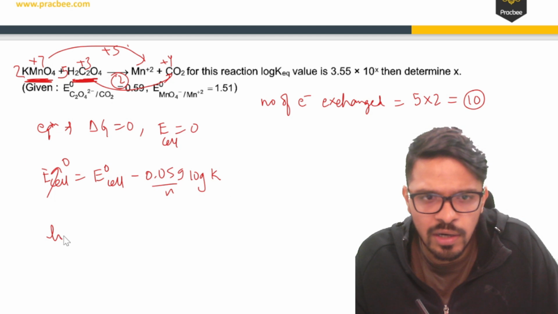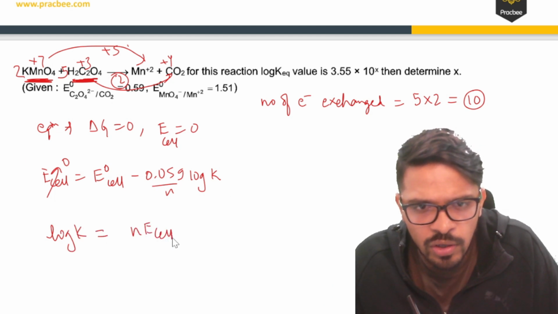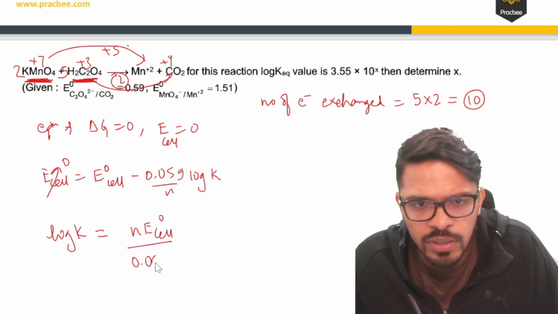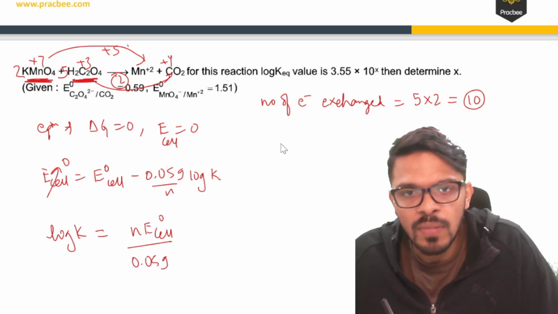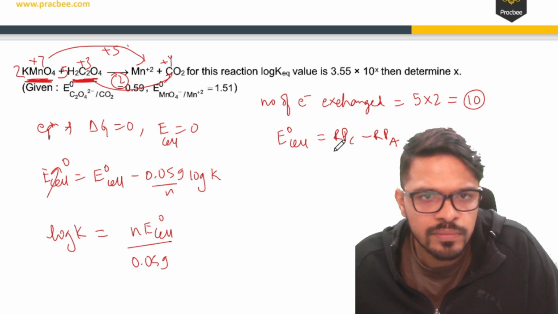We have to calculate log K, and log K from here would be n into E naught of cell divided by 0.059. What is E naught of cell? You know that, it is reduction potential of cathode minus reduction potential of anode.